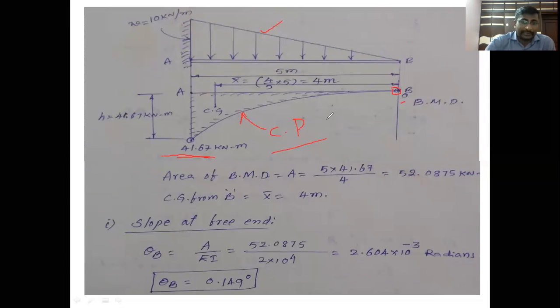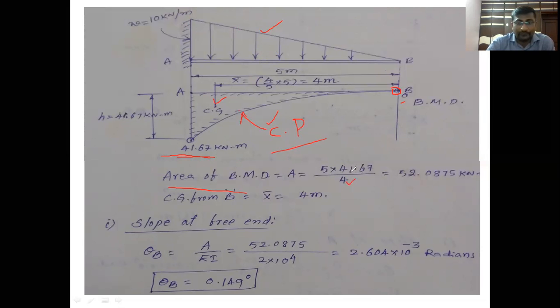Next, let us take the area of the bending moment diagram. The area of the bending moment diagram is L H by n plus 1. H is 5 meters, L is 41.67, divided by n plus 1. For a cubic parabolic curve, n is 3, so n plus 1 is 3 plus 1, which is 4.